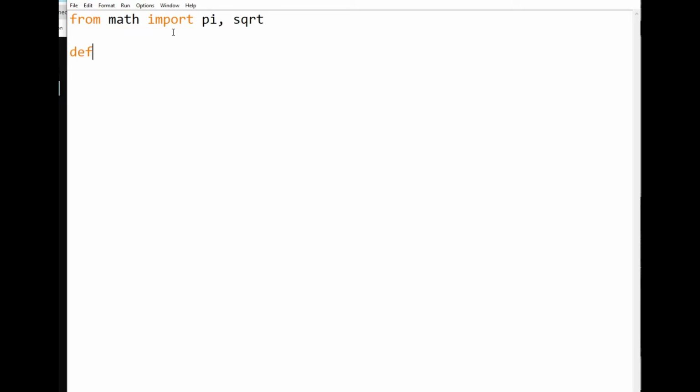So I'm going to define a function arc length, take in x, and return (360 minus x) divided by 360 times 24 pi.